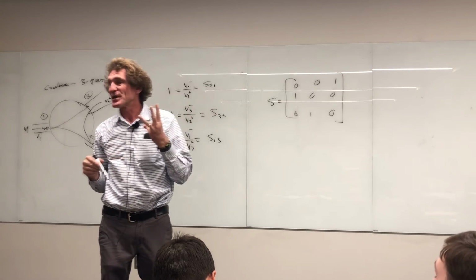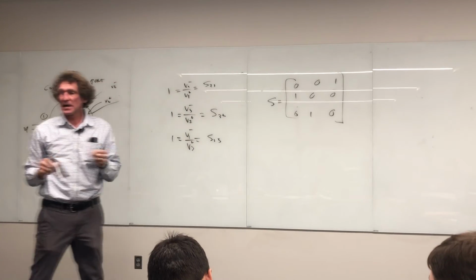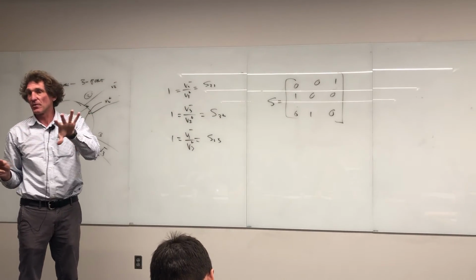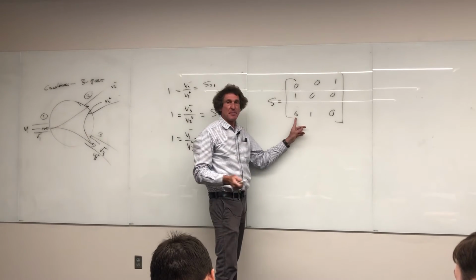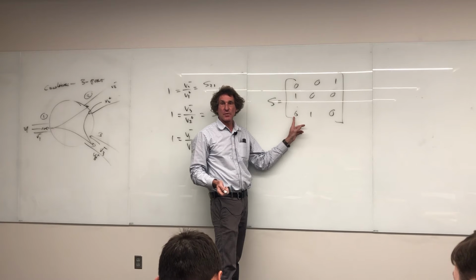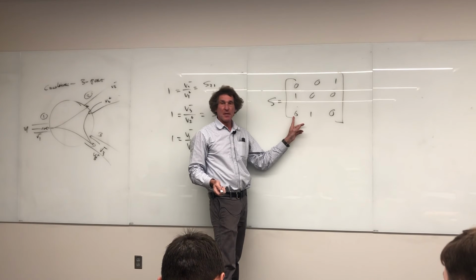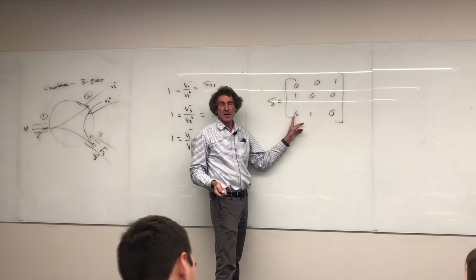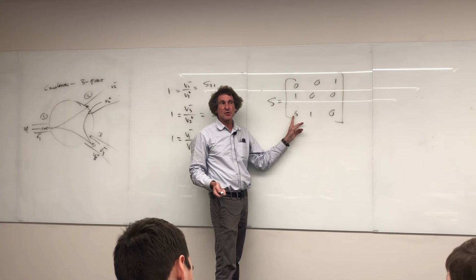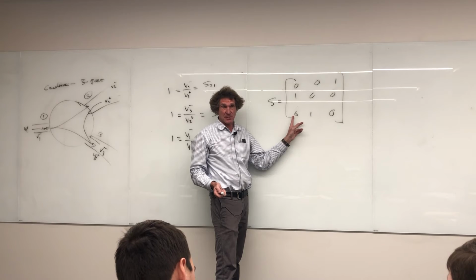Right. Now, that's really not true. That's the ideal world. It's not the real world. What happens is this: these will have values. They may be 10 to the minus third, 10 to the minus fourth, 10 to the minus fifth, all right? There's some degree of coupling that's inevitable. You can't get away from it. So what they'll do is they'll say there's a certain amount of isolation between the ports.